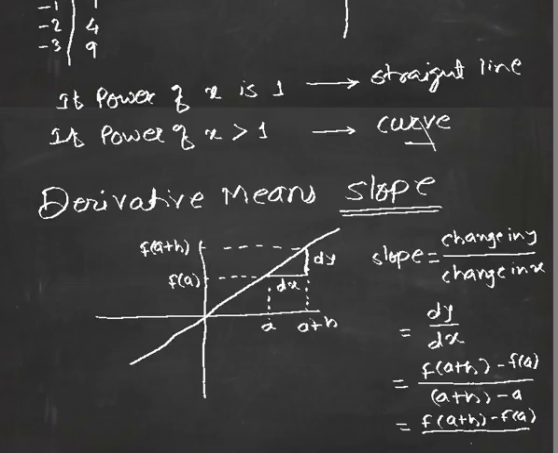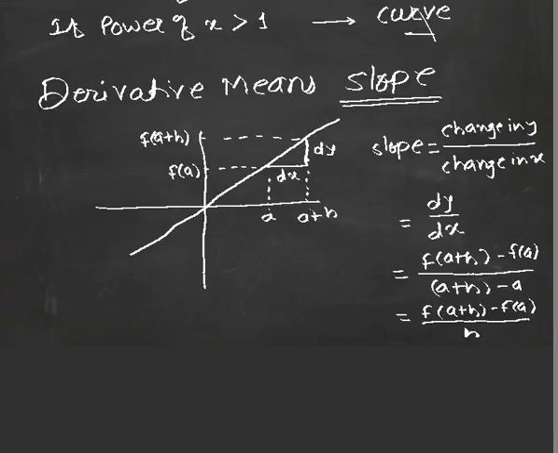This difference is h. This is the geometrical meaning of derivatives. So now recall the previous example, that y is equal to x. In this example, we want to find the slope.